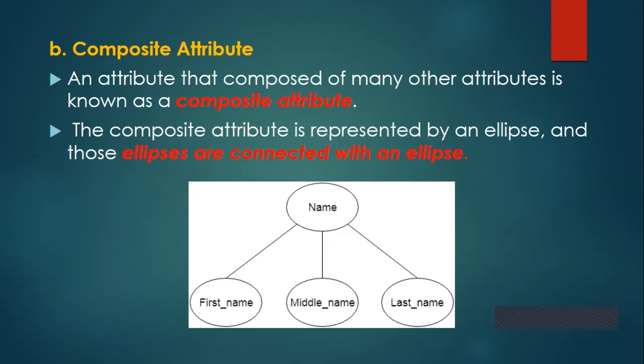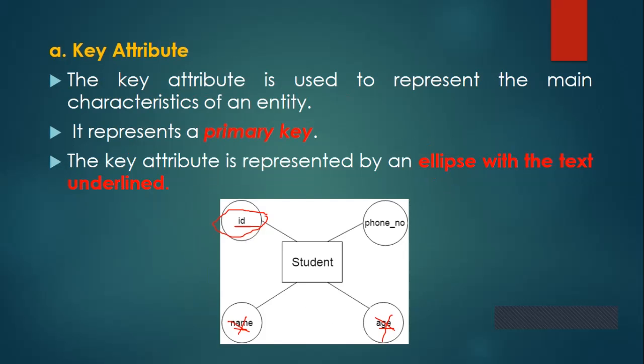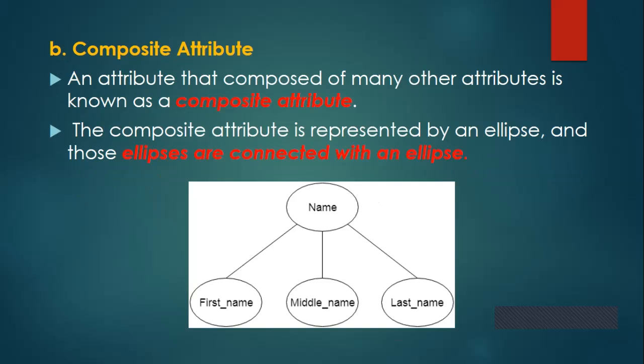Next is composite attributes. We have seen previously that a student is having a name, and this name can again have first name, middle name and last name. That's what we are saying. The student has a name, where this name can have first name, middle name and last name.